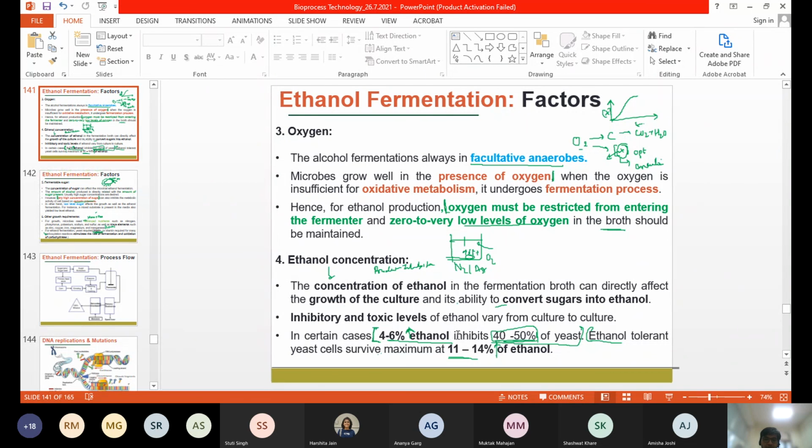So we will discuss until this point for today's class, and in the next class we will be continuing with the reactor systems that are required for ethanol production.